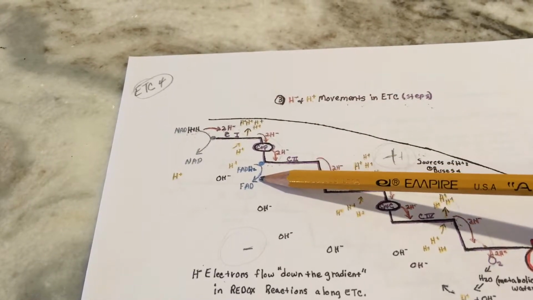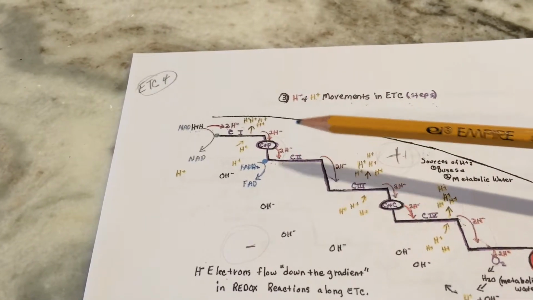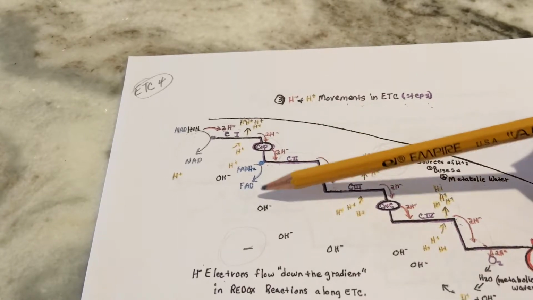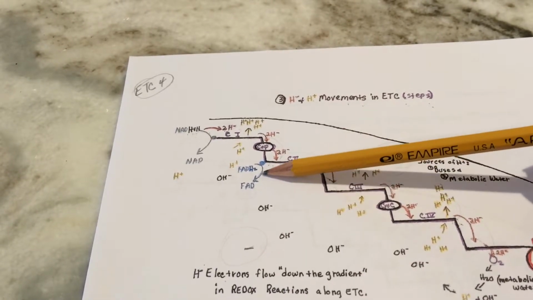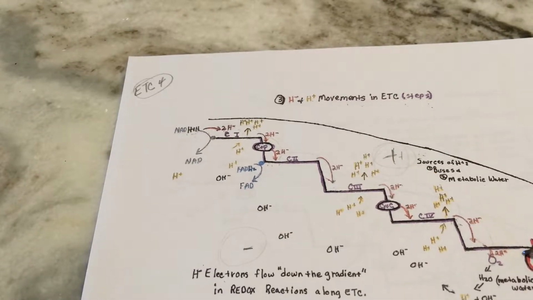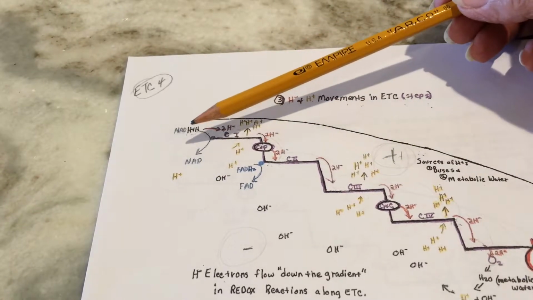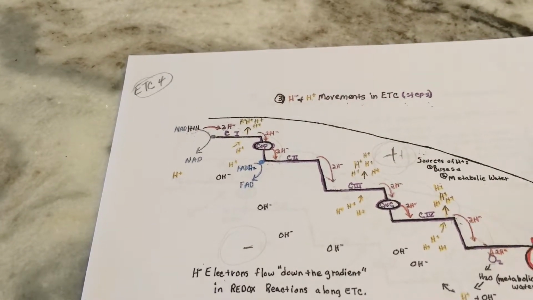Now, if it's a low energy bus like FAD or the NADH plus H's that were in glycolysis, they unload their hydrogen electrons at complex 2, and then they go down the gradient from high to low. So electrons, hydrogen electrons, go down the gradient.